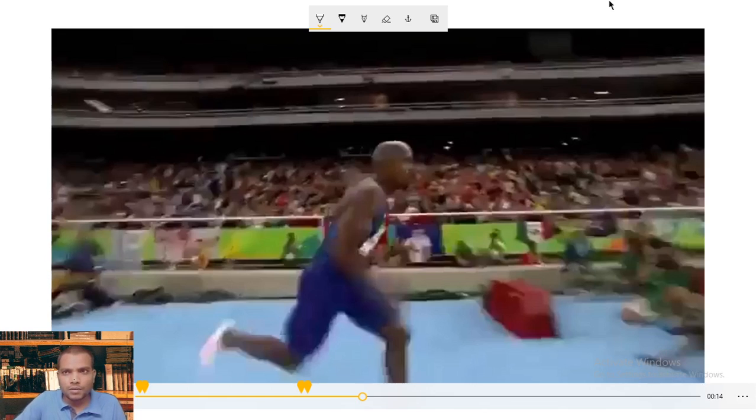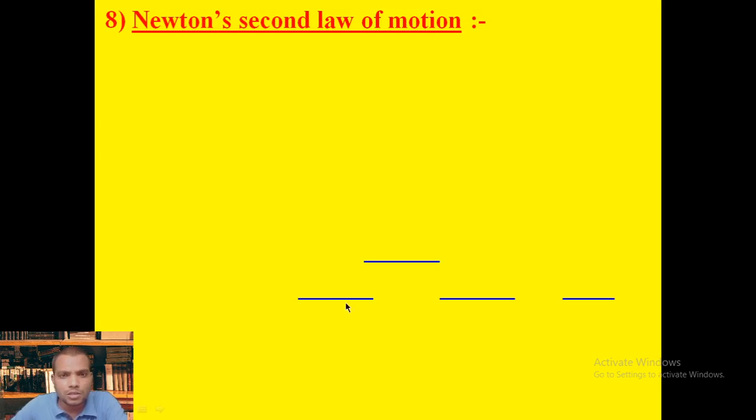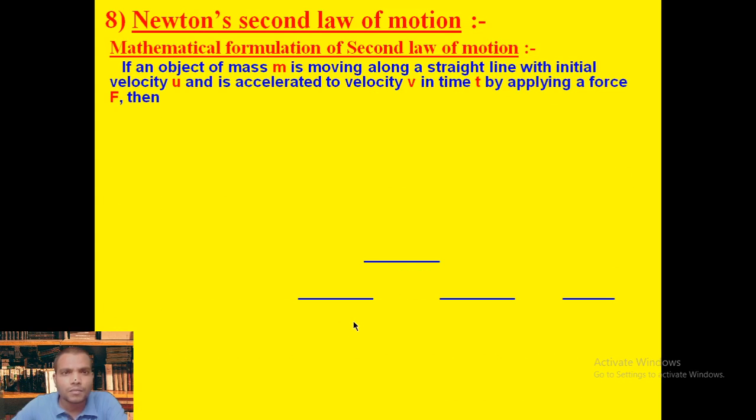So here, if you take the statement of Newton's second law, the rate of change of momentum of an object is proportional to the applied force in the direction of the force. This is Newton's second law, and we already derived it.